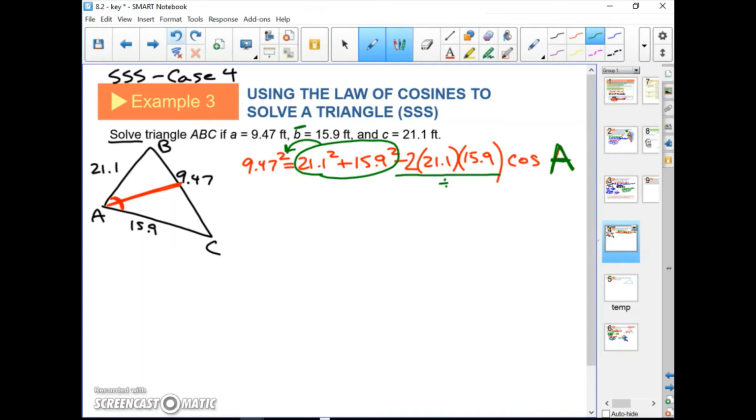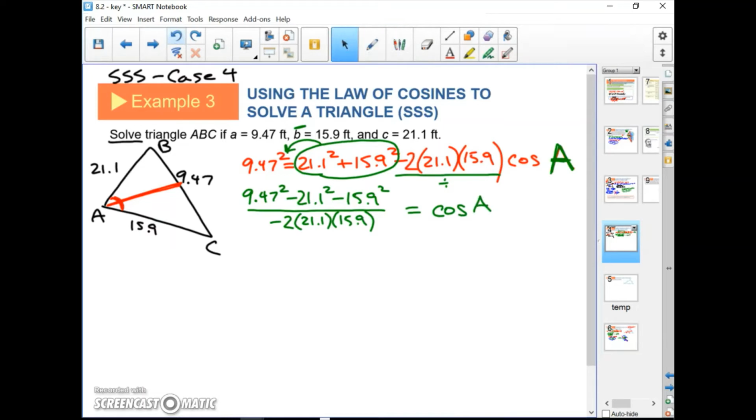So kind of in my head, I'm rearranging the equation to where it would say 9.47 squared minus 21.1 squared minus 15.9 squared divided by negative 2 times 21.1 times 15.9. Okay? Trying to isolate the variable. But I move all those numbers away, and I've got cosine A by itself.